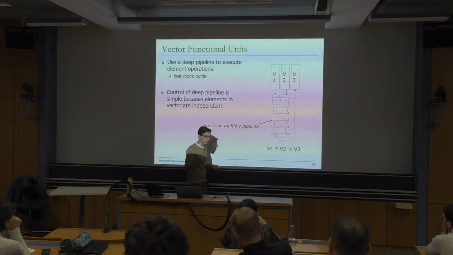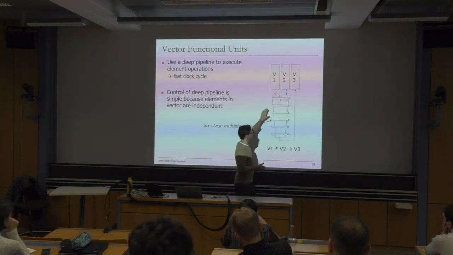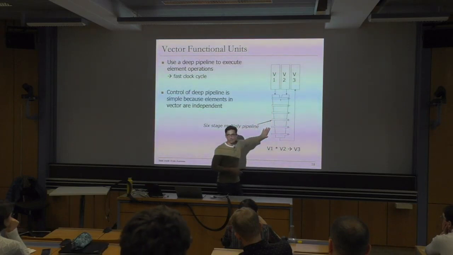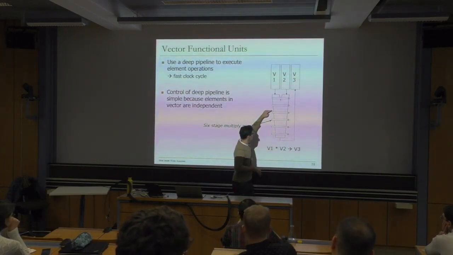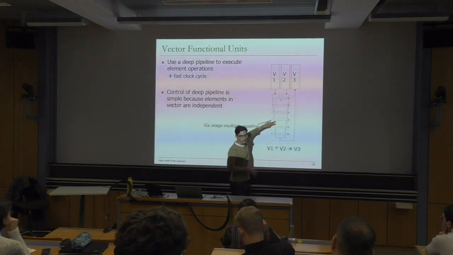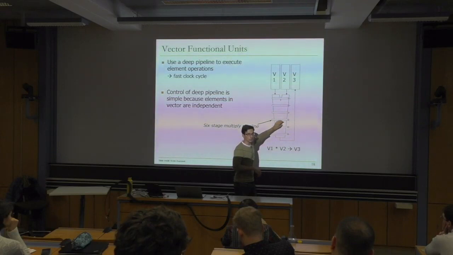Recall what I was saying before. Think, for example, that this were a conventional scalar pipeline, like the MIPS pipeline that I'm pretty sure you have studied. Here we have to access memory, and the instruction after the load instruction is dependent on it.